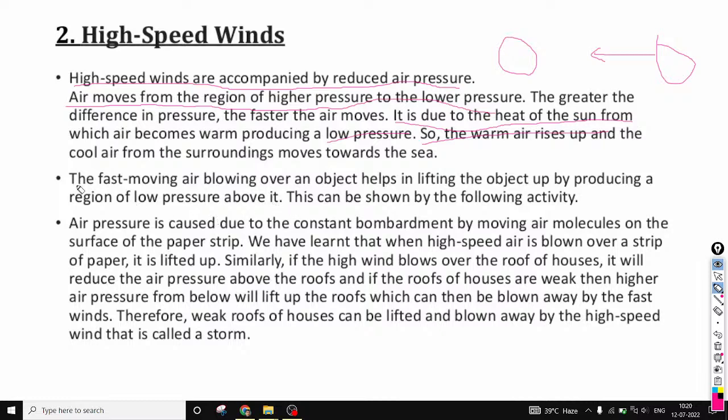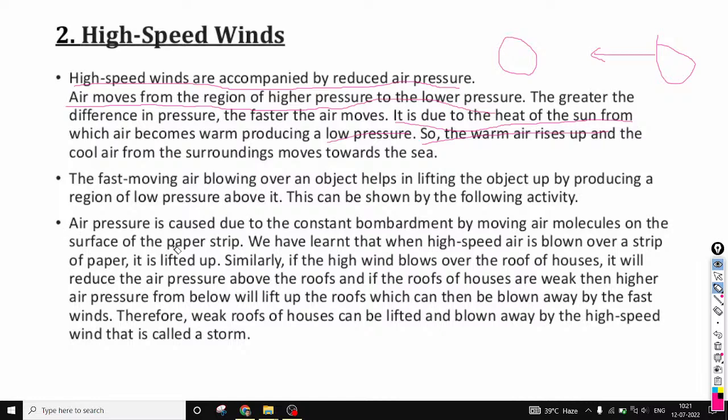Sometimes you have seen houses placed in high speed, fast moving air, where the side of the house is uplifted and sometimes thrown out by the pressure and the power of the air. The reason is low pressure above it, and this can be shown by the following activity.